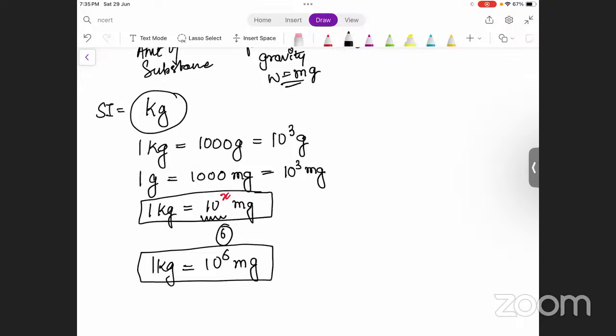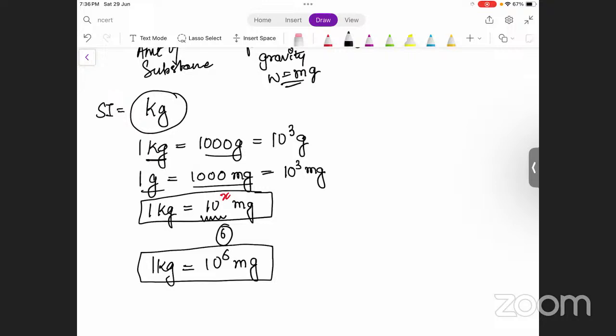Now, do you understand how we got that? As you know, 1 kg is equal to 1000 gram and 1 gram is equal to 1000 mg. So here what will happen is, how will we get it?